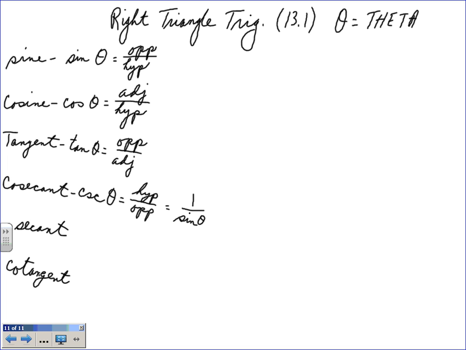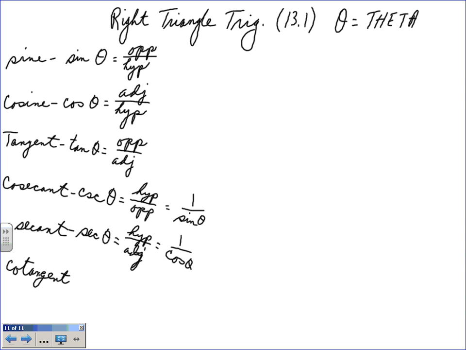Secant, SEC, is hypotenuse over adjacent, which is a reciprocal of cosine. Secant of an angle, secant is 1 over cosine.